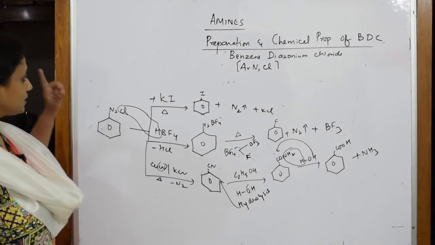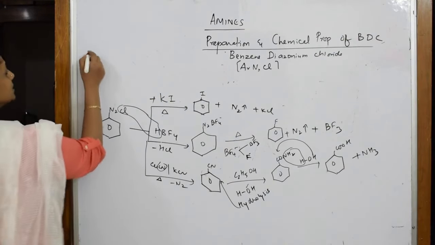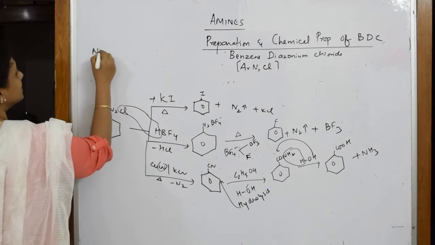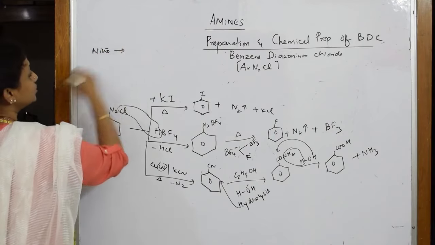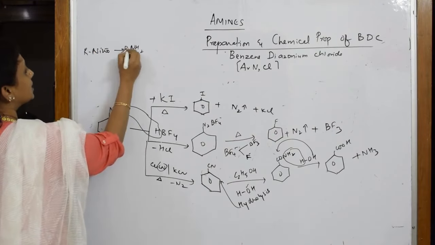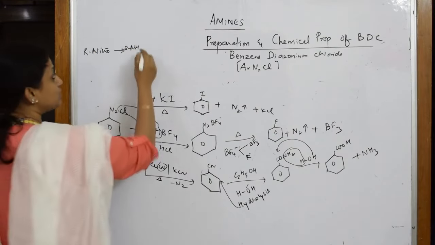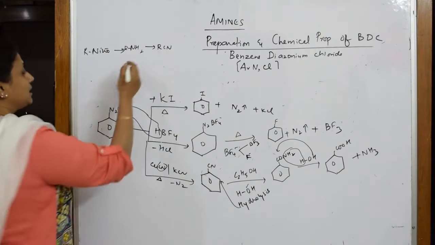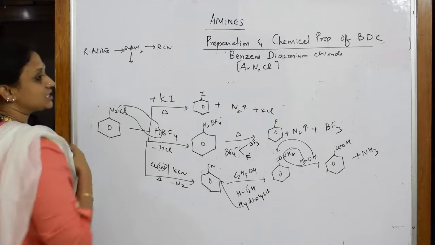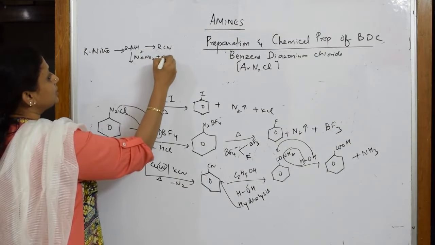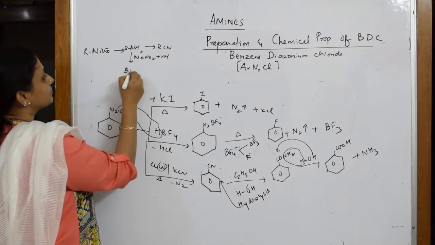First, earlier I said nitro is converted to amino. Okay, nitro to amino. After that, through a series of steps you are getting RCN. Correct? This is what I said. Now same amino, if I treat it with NaNO2 and HCl, which I said already, you're going to get BDC.